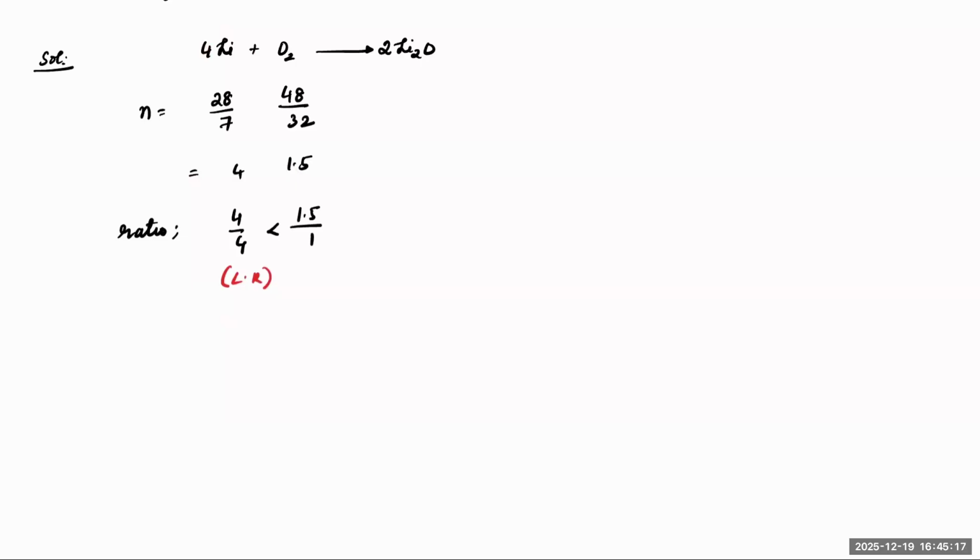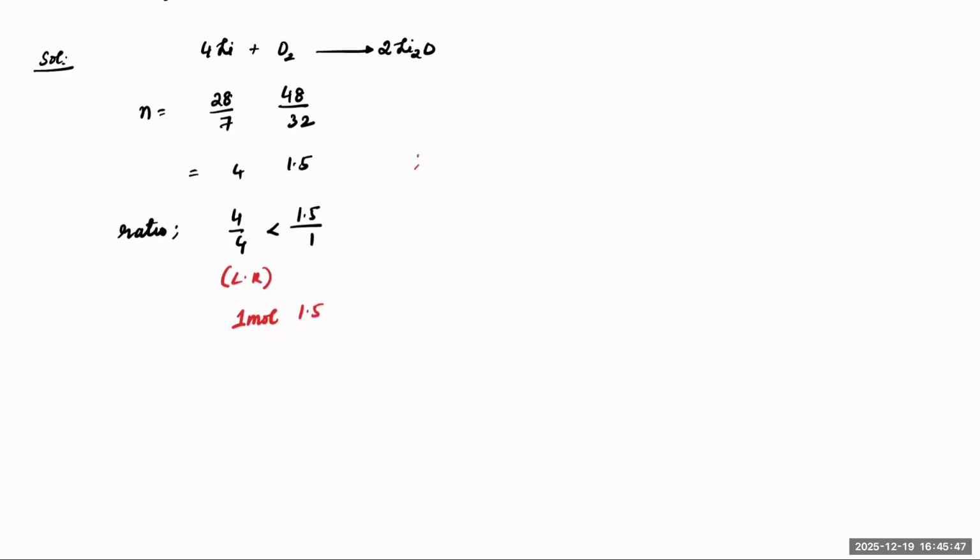The reaction will also cease after that. So the amount of product formed will always depend upon how much of the limiting reactant you have. Here we have 1 mole, here 1.5 moles, ratio wise.